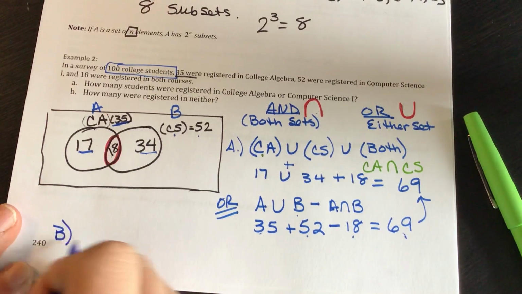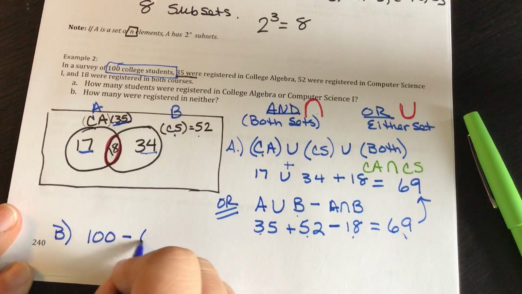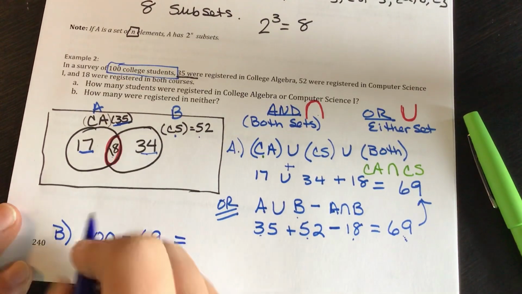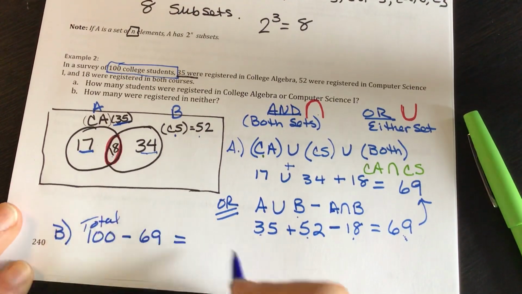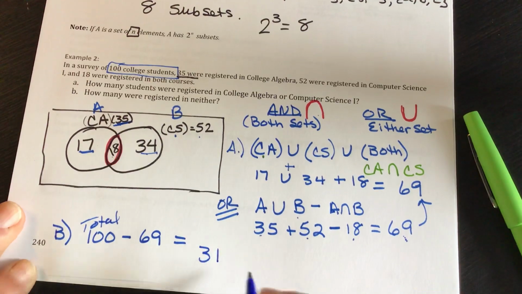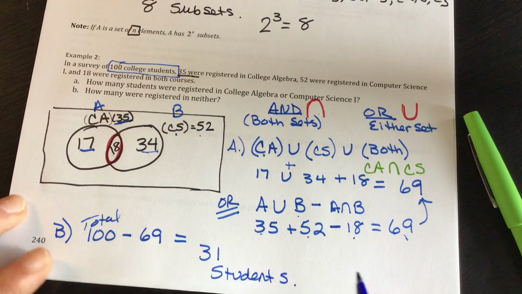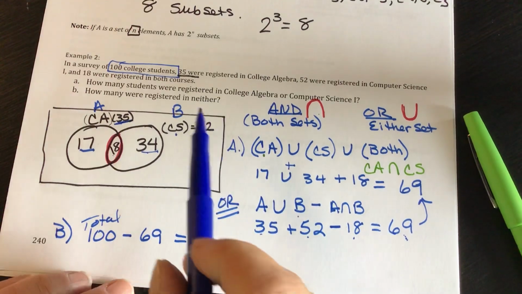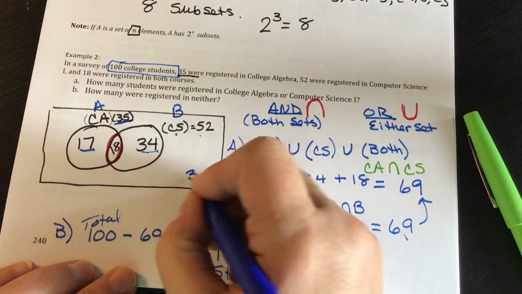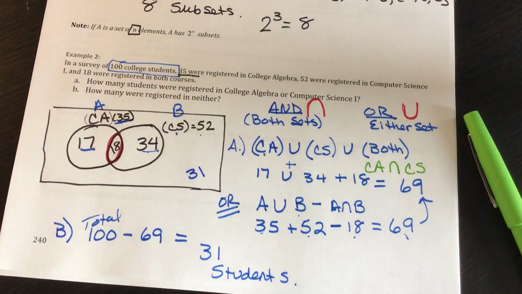So in part B, I just need to take that number away from the total, and I get 31 students. And I would show that in my Venn diagram as just 31 students that don't belong to either course.